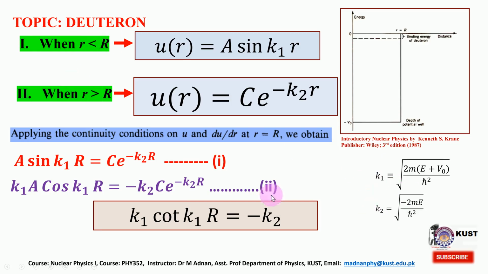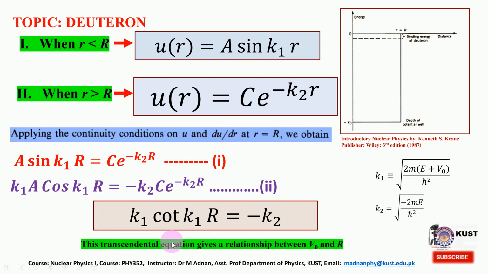If we use these in this final solution, which arises from the continuity of the wave function and its derivative, we get this transcendental equation, which gives a relation between V naught, the potential whose strength we want to know, and the rest of the parameters you see in this equation. This R, as I told you, is around 2.1 femtometer.